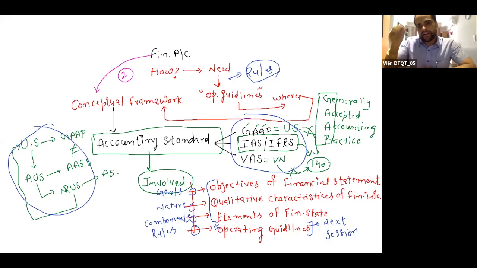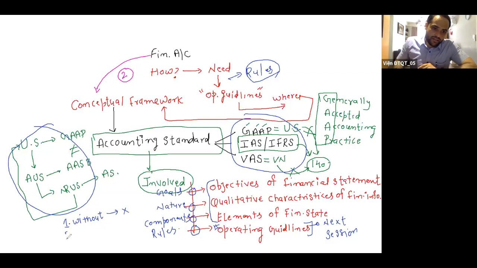The main idea to explain your accounting standard here is that without accounting standards, we cannot prepare financial statement, right? First thing, we need to get it from this accounting standard.